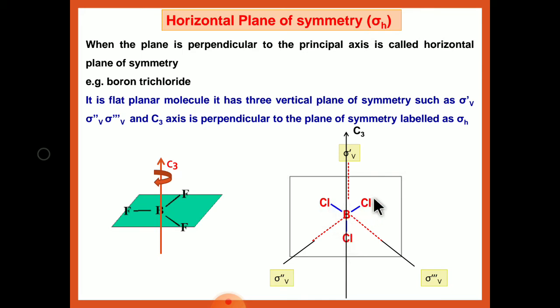Therefore, 1 sigma h, that is 1 horizontal plane of symmetry, is present in the BCl3 molecule, and 3 vertical planes are also present. In a similar way, in the BF3 molecule, 3 vertical planes are present, and 1 horizontal plane is also present. So these are the examples of the horizontal plane of symmetry.